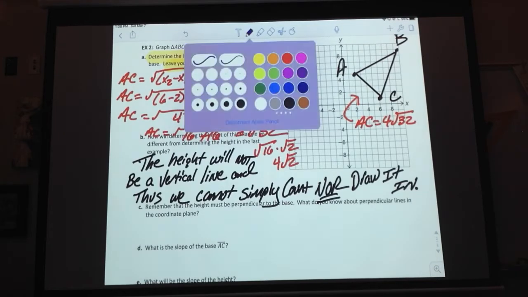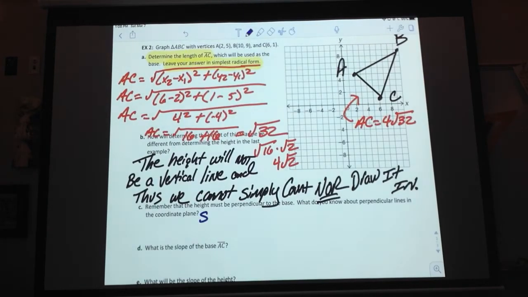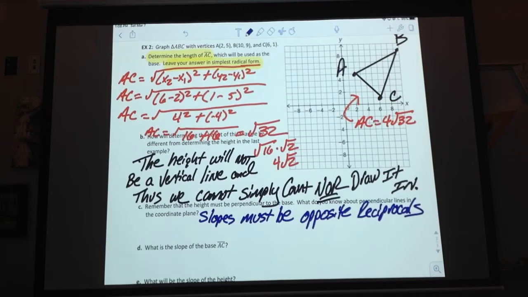Well, perpendicular lines, the slopes must be opposite reciprocals of each other.